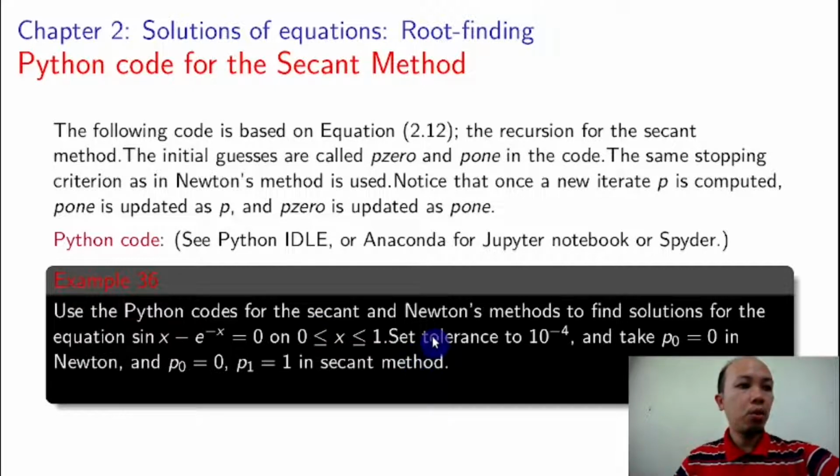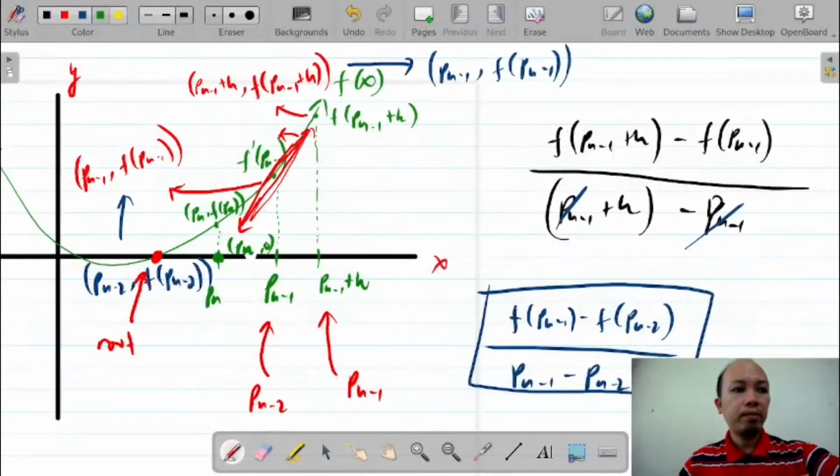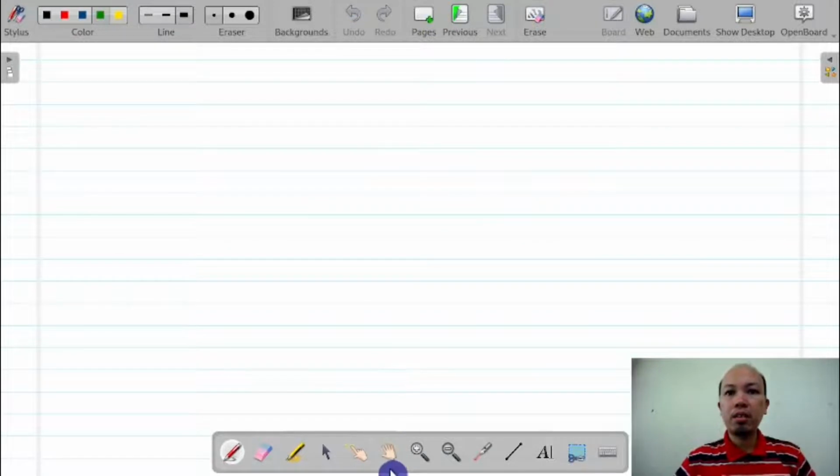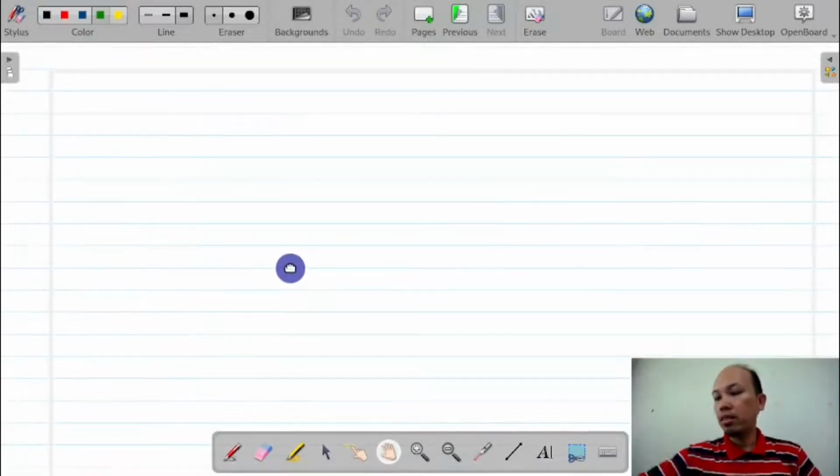So let's go to our open board first. Let me have a new page here.